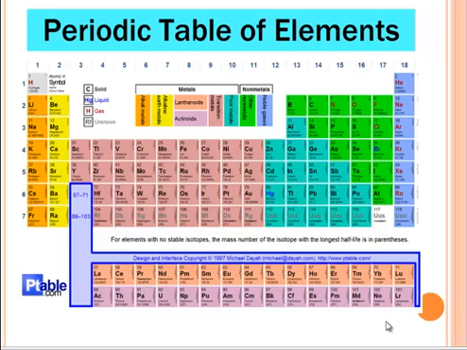To recap, we went through the exercise and the examples. Now we realize that the organization of the periodic table was initially based on chemical similarity and chemical properties.